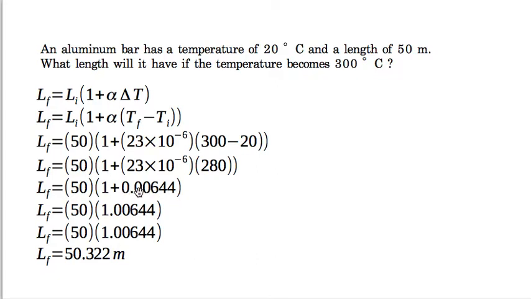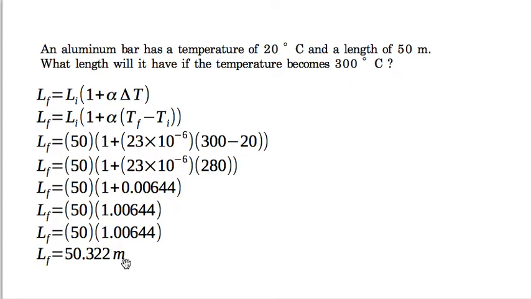And then we get this amount. This amount times 50 gives us finally our result. So as you can see here, even though we increased the temperature by 280 degrees, there wasn't such a big change. It's not like thermal expansion is going to give us, oh, if I increase the temperature, it's going to give us double the length.